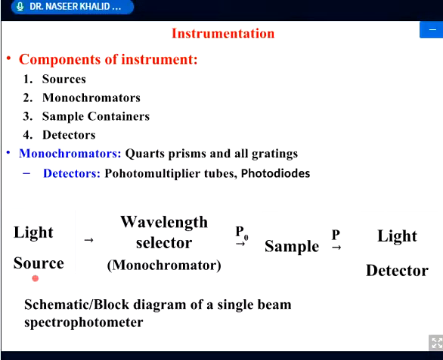The block diagram is as follows: the light source, then the second component, the wavelength selector, that is the monochromator. This is the power of the incident light. This is the sample, and then the light is detected with the help of the detector. Then it is amplified, and then the readout will be there.